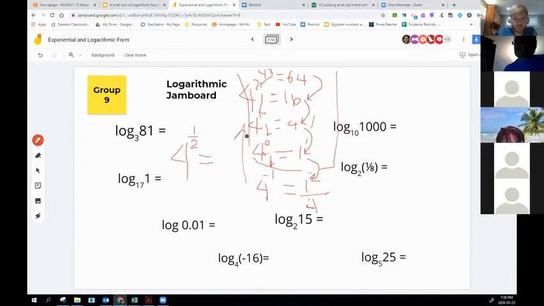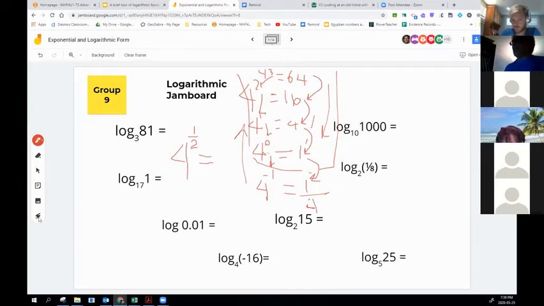Because if we go this way, we're multiplying by 4 each time. Now we're dividing by 4. So 64 divided by 4 is 16, 16 divided by 4 is 4, 4 divided by 4 is 1, divided by 4 is 1/4. And then therefore, if I had 4 to the negative 2, it would be 1 over 16, and so on and so forth. But now we have this situation that we have 4 to the power of 1/2.